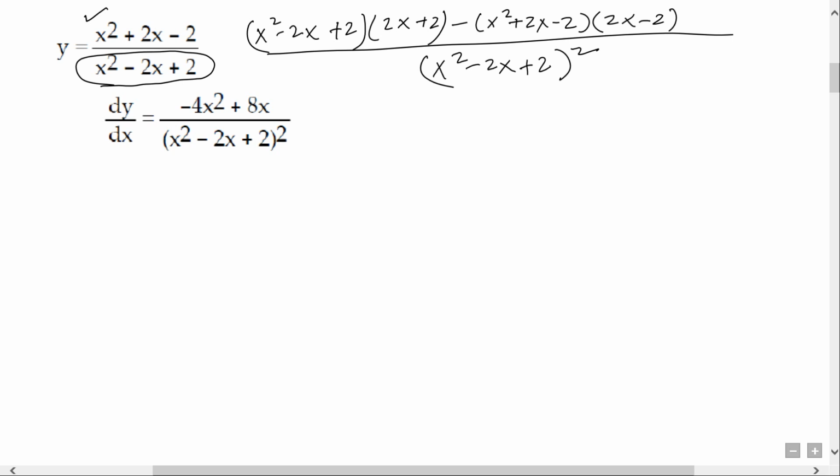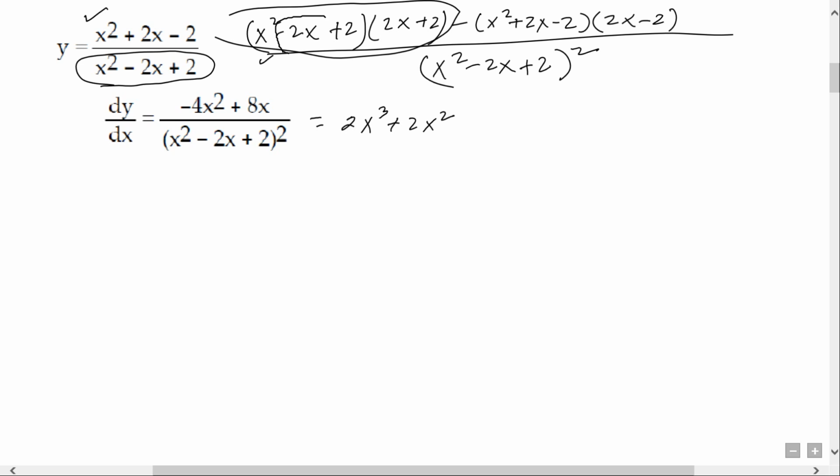And now we need to multiply these terms out. Take care of the x squared first, and we get x squared times 2x is 2x cubed. X squared times 2 is 2x squared.